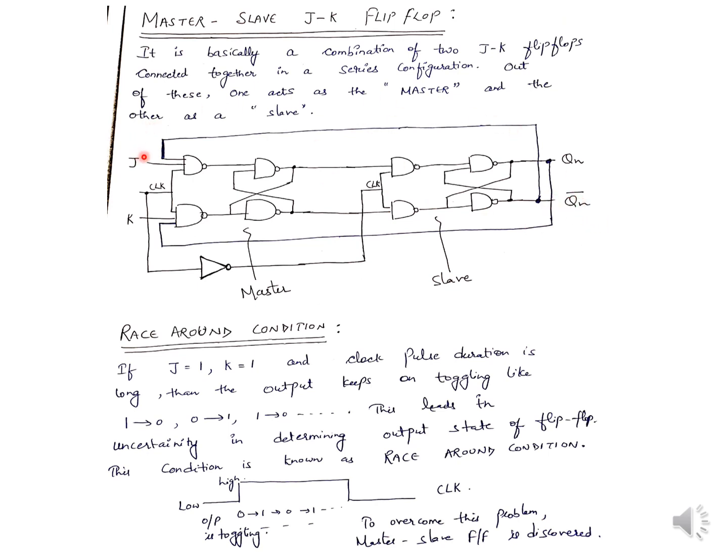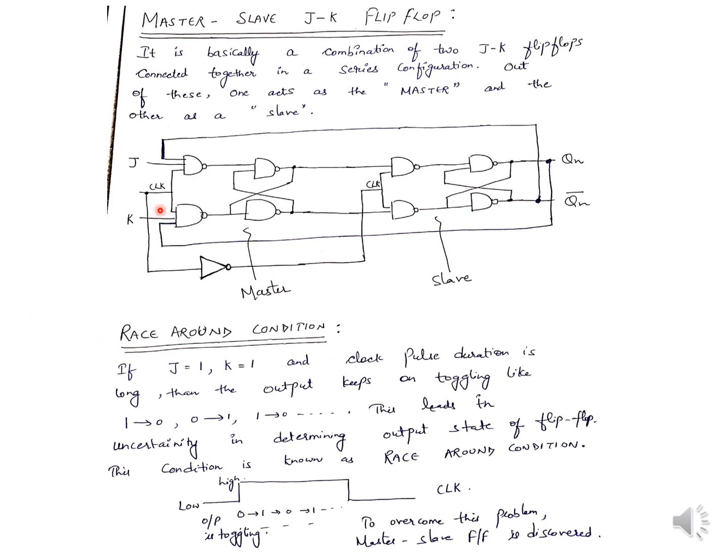The output is fed back to the input, and due to that change in input, the output is again changing, and then again this output will go to the input, and the output changes again. So the output starts to toggle. Toggle means 1 to 0, 0 to 1.